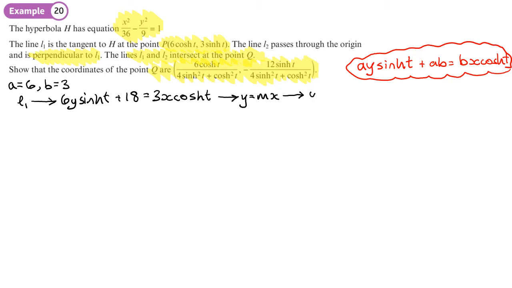If we make y the subject, that means dividing both sides by 6 sinh t and taking 18 away from both sides.